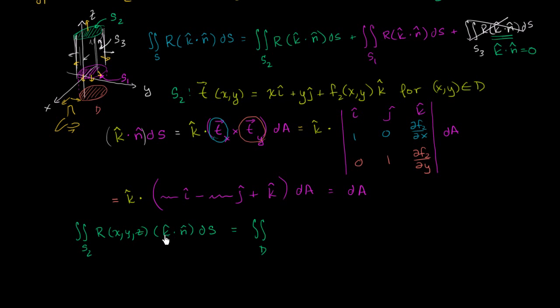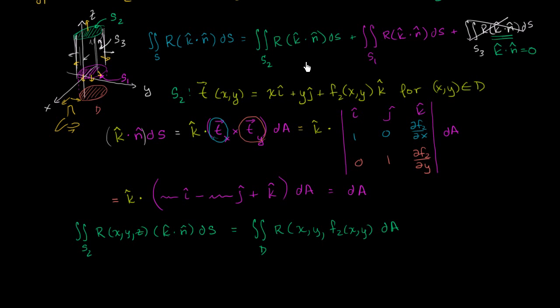Since I want to write it in terms of my parameters, I'll write it as r of x, y, f2 of x, y, because while we're on that surface, z is equal to f2, and then all of this business we just saw simplified to dA. So you might be saying, hey, Sal, it didn't look like you simplified it a lot. But at least now we've put it in terms of a double integral instead of a surface integral. So at least in my mind, that is a simplification.